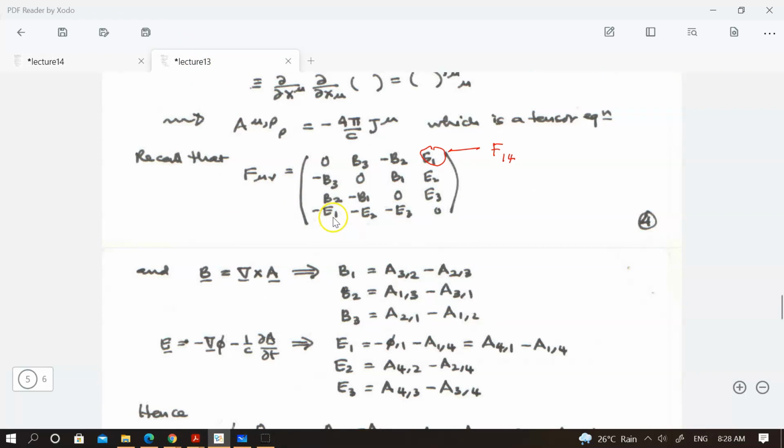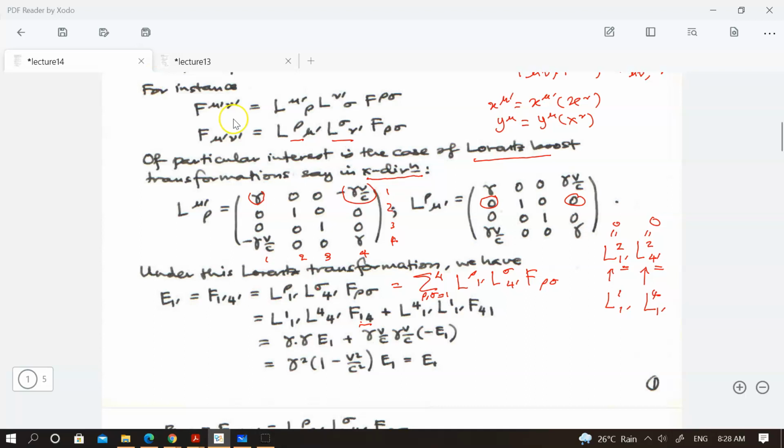F41 is this one. Again, it's actually the first component of the electric field. But you can immediately know that easily from this identity: F41 equals minus F14.